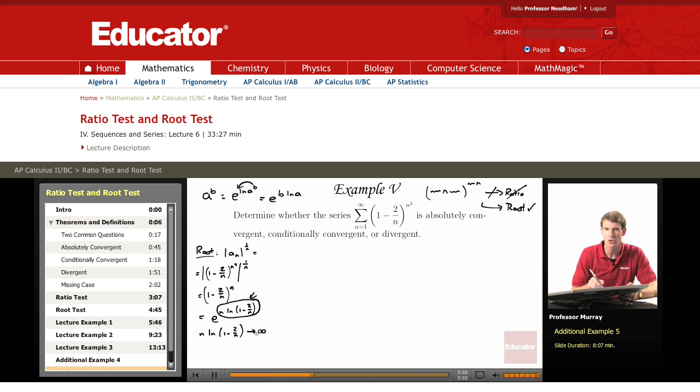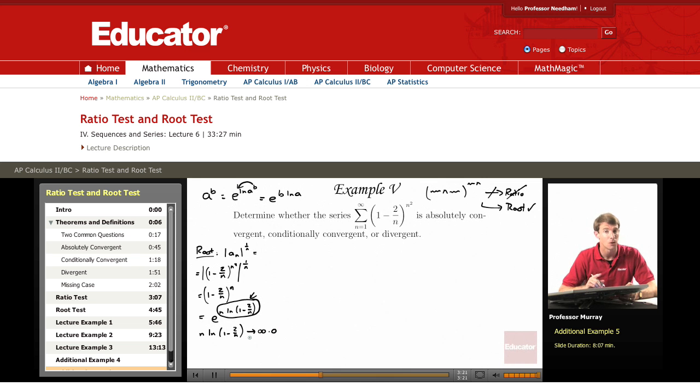Natural log of 1 minus 2 over n: 2 over n goes to 0, so that's natural log of 1, which is 0. So we've got an infinity times 0 situation. You can't do anything with infinity times 0. It could come out to be anything. What I mean is you can't do anything directly.